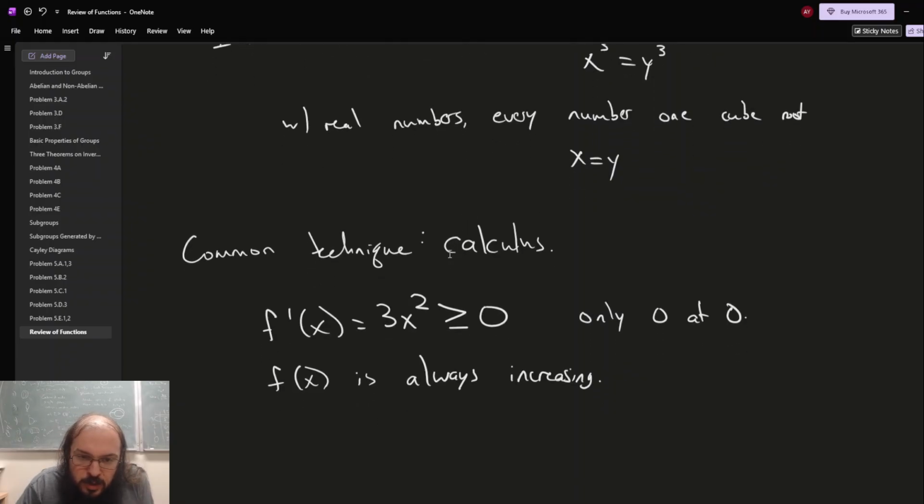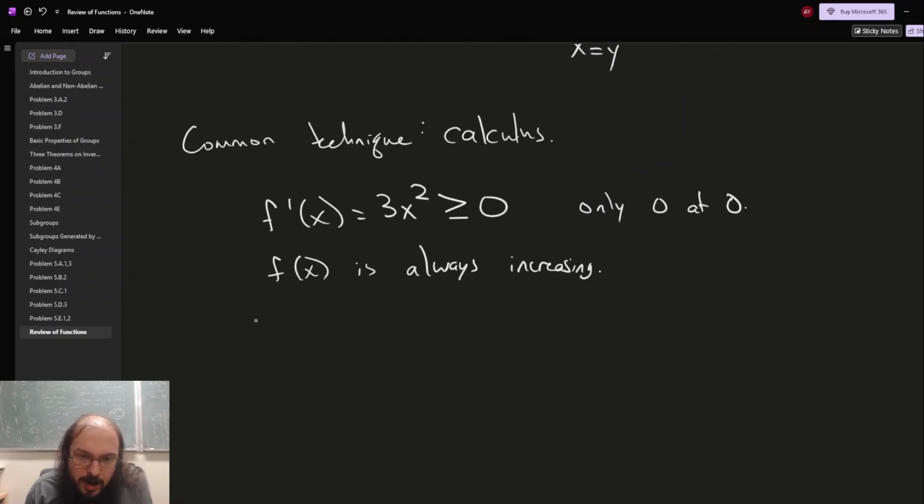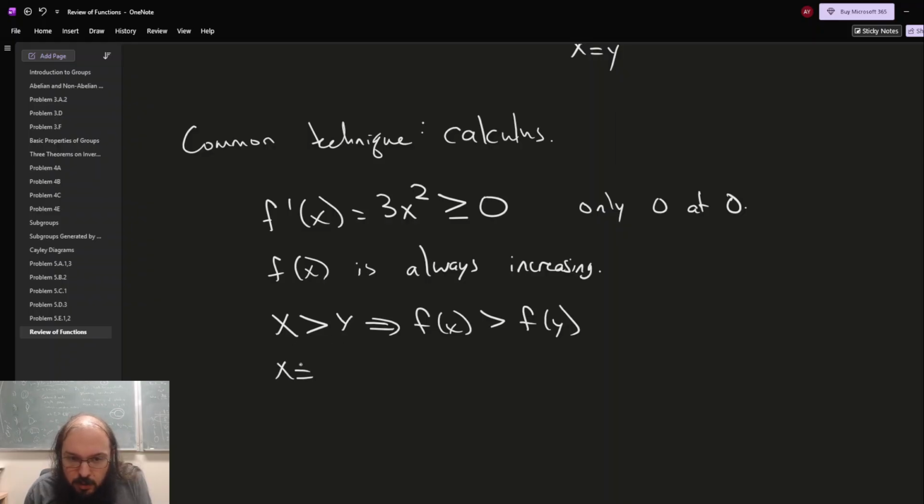And what do we know about increasing functions? Well, essentially, writing out the definition, we say that if x is bigger than y, then f of x is bigger than f of y. And so, of course, if x is merely not equal to y, that implies one of either x is more than y or y is more than x.